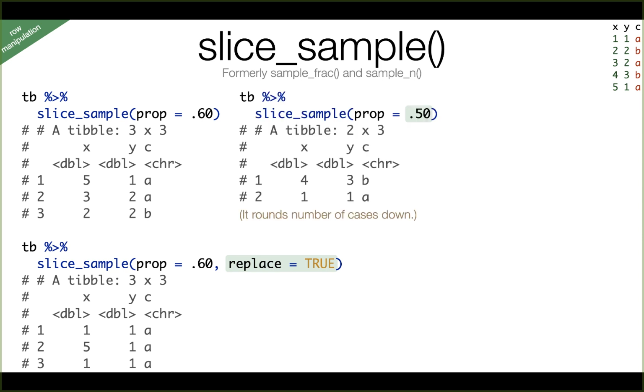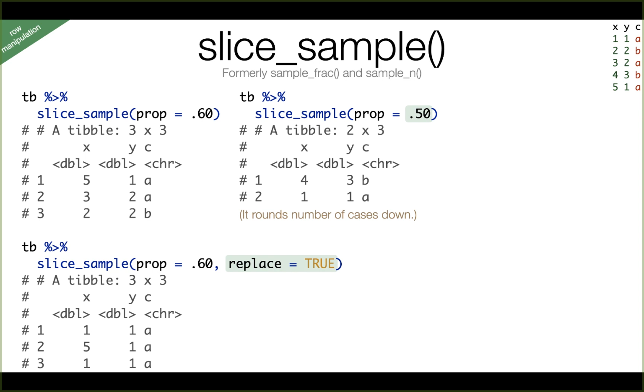In a case where your data set is not evenly divisible in the way that you request, for example, here I have 5 rows and I'm asking for 50% of the data set, slice_sample is going to round down. The previous implementation of this was called sample_frac, and that is actually still in dplyr, but it's going to be superseded by the slice_sample function.